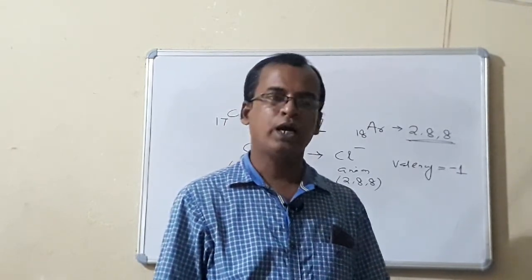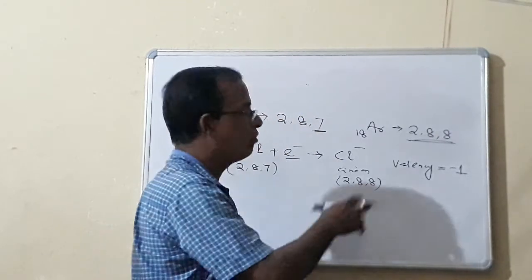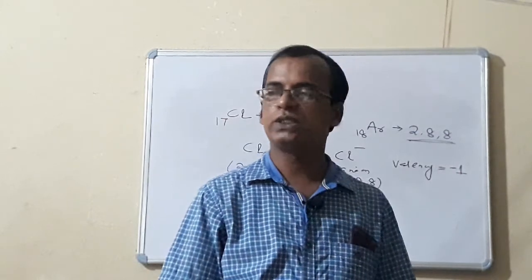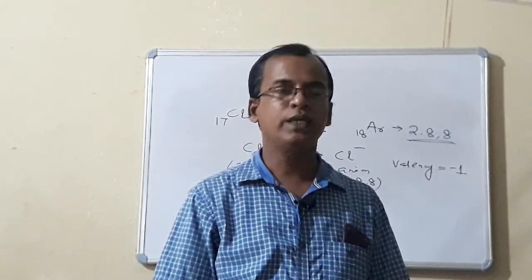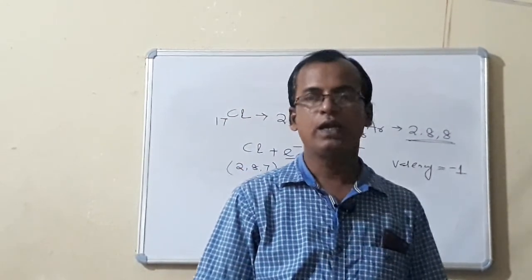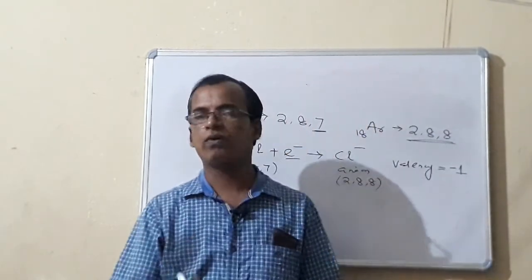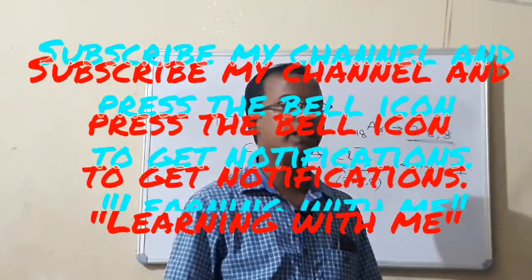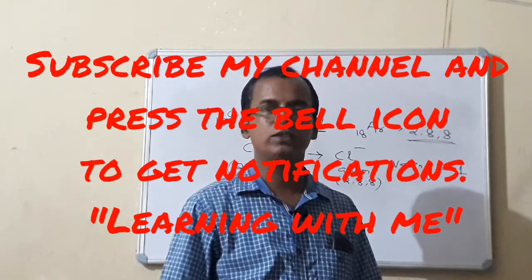This is one rule. Another is, if the number of valence electrons is 1, 2, 3 or 4, then valence is that number, and if the number of valence electrons is 5 or more than 5, then valence is 8 minus that number.